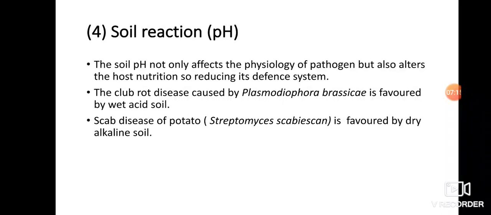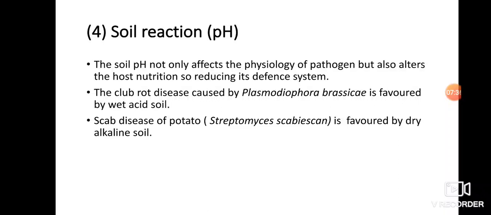For example, the club root disease caused by Plasmodiophora brassicae is favored by acid soil, that is pH between 5.7 to 6.2. This disease can be checked completely at pH 7.8.